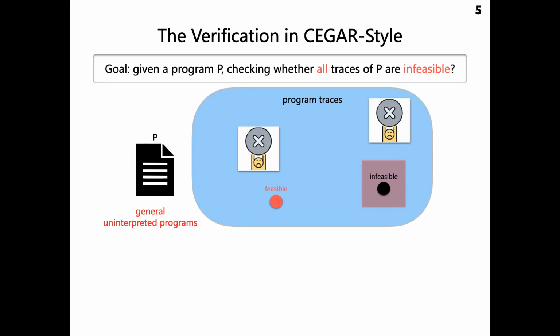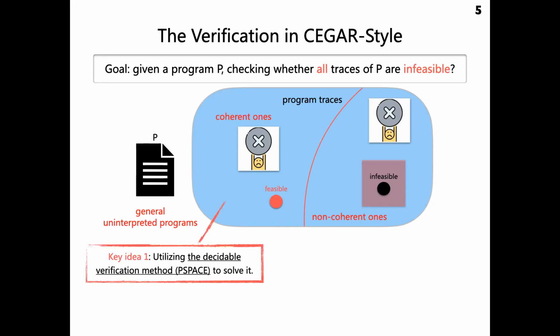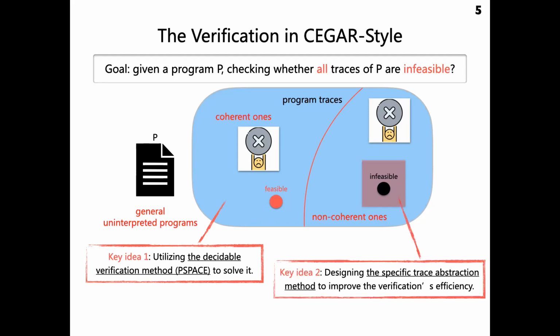Our observation is that if the program can be split into different parts, the coherent ones and the non-coherent ones, then our first key idea is that we can utilize the existing decidable verification method to solve this part. And the decidable verification has PSPACE complexity. The second key idea of our work is that we can design a specific trace abstraction method for UP's traces to improve the verification's efficiency.